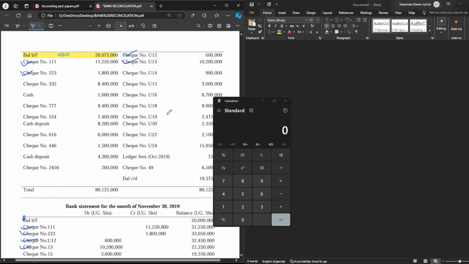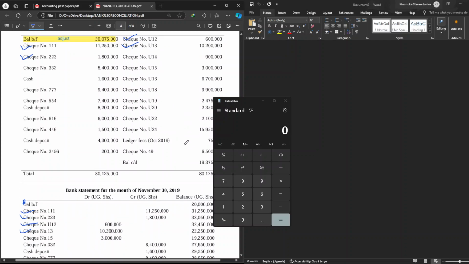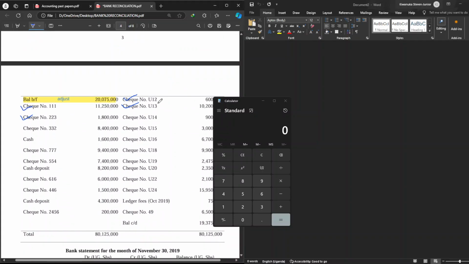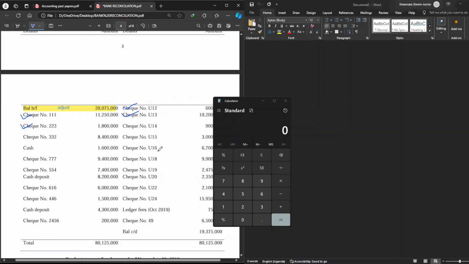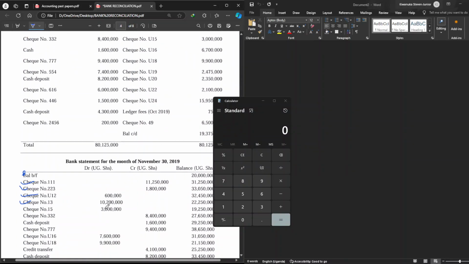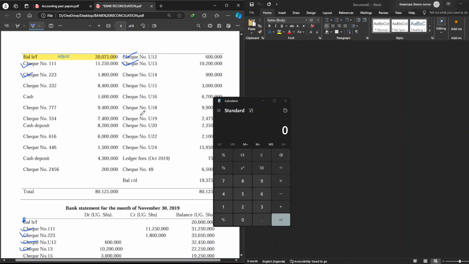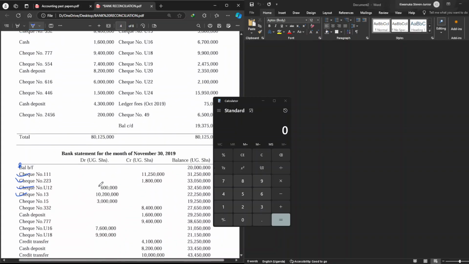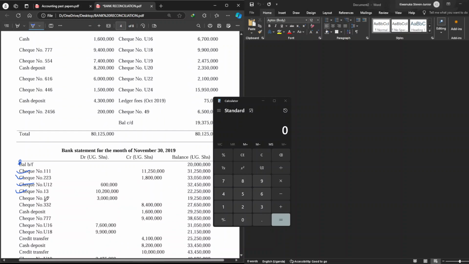This is U15, but you're looking for check number 15. We see that it is not there in the debit, and it's not there in the credit side. Check number 15, debited, it was supposed to be credited. So we see that 15 is equally not there on the opposite side. Yet it's good to check as well, maybe it was misplaced. So 15, this one, we see that it has an issue.